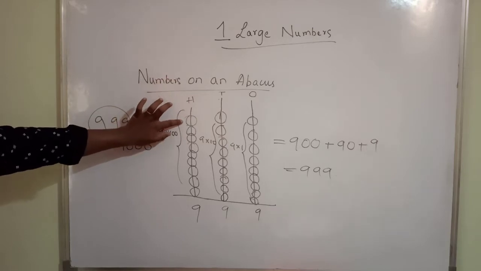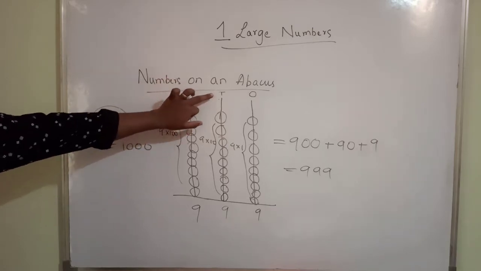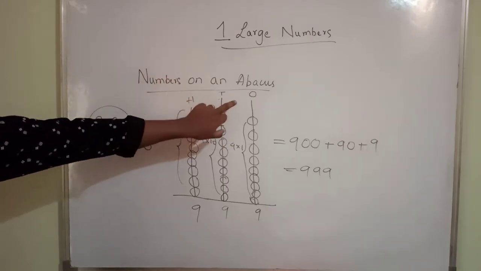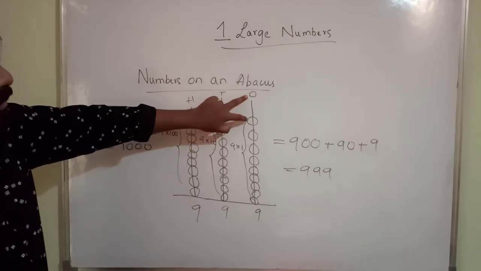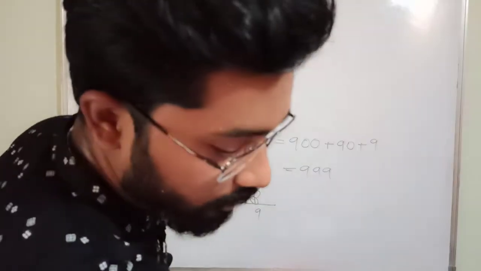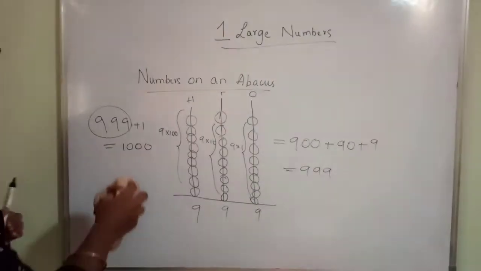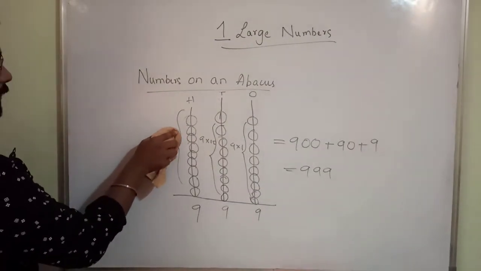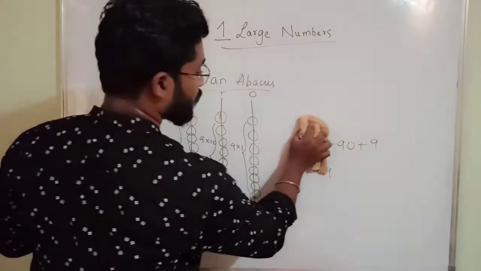So this one is hundreds place. Here one bead value equals 100, here in tens place one bead value equals 10, and here one bead value equals 1. So like that it will continue for large numbers. Okay, so from this 999, how will you get 1000?